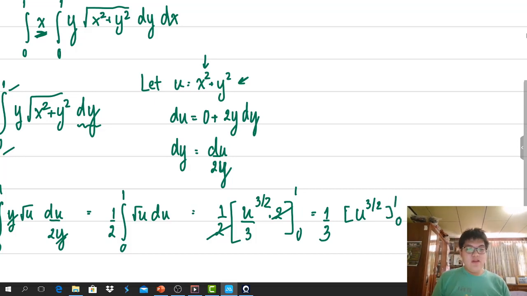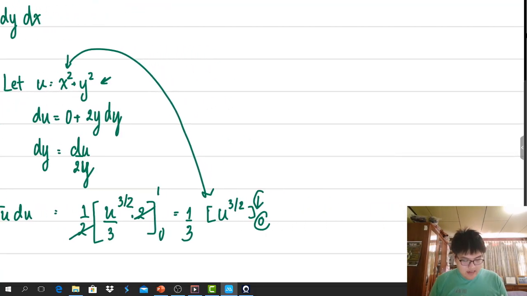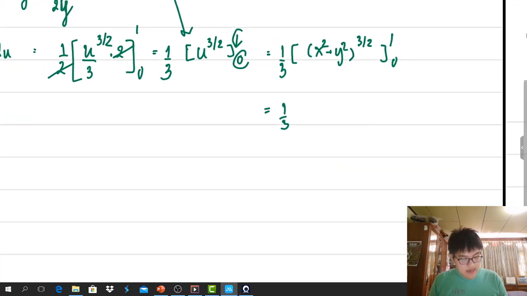But in this step, please remember you need to put the value of u back, because the bounds are not u, they are y. So we get 1 over 3 of x squared plus y squared to the 3 over 2, with bounds 1 and 0, which is equal to taking y to 1: x squared plus 1 to the 3 over 2 minus x squared to the 3 over 2.